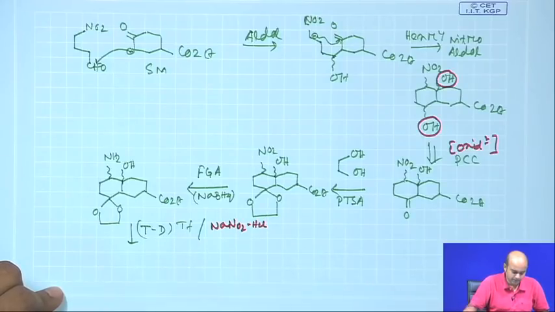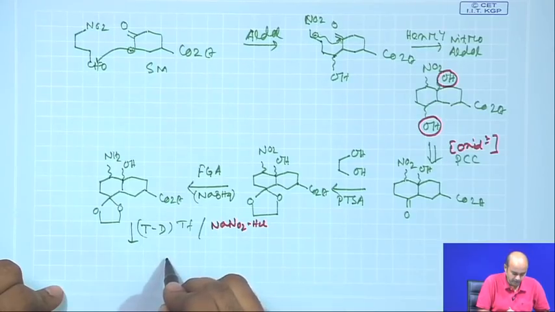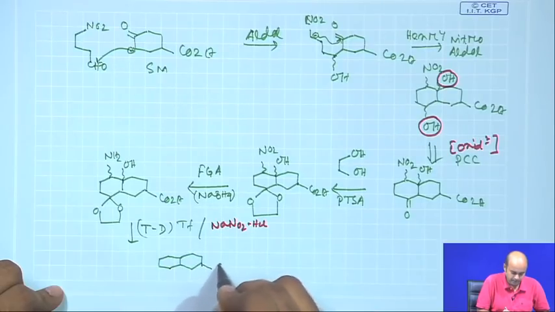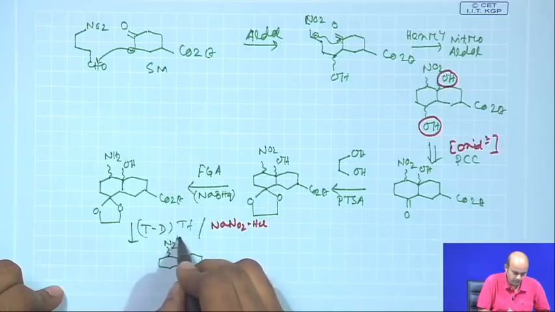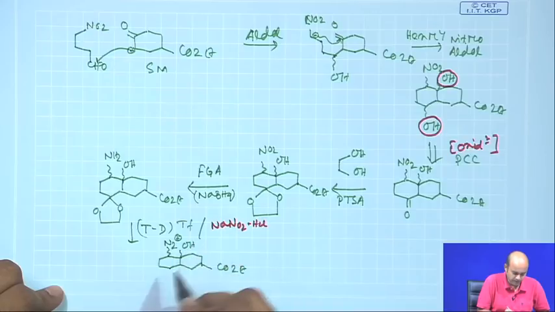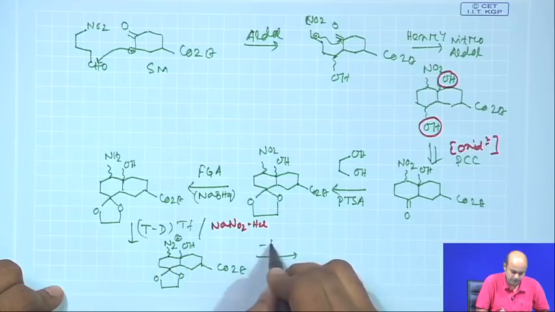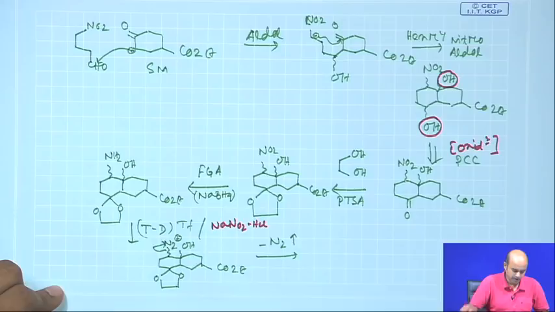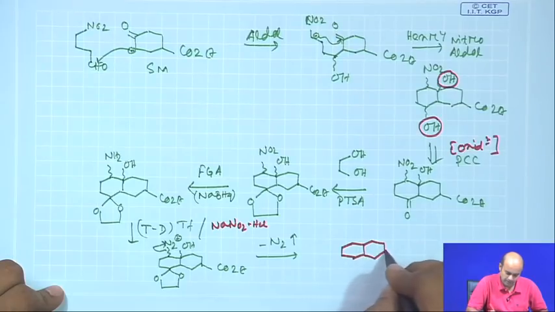So, what exactly happens once this compound is subjected to sodium nitrite HCl, this amine group will be converted to a diazonium. This OH is there. Now, diazonium will have a tendency to lose nitrogen as a gas. So, this will now leave. Now, once this leaves, you will have a carbonium ion here.